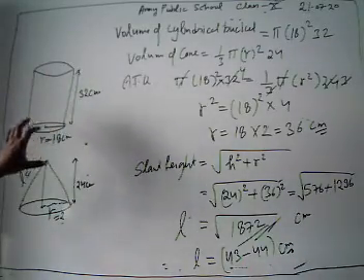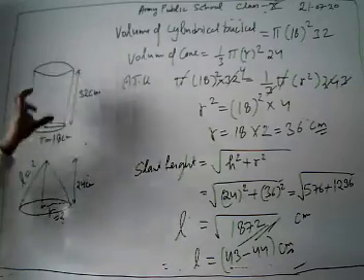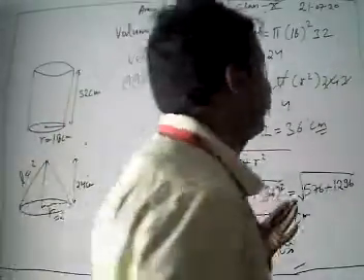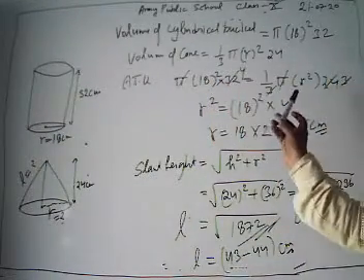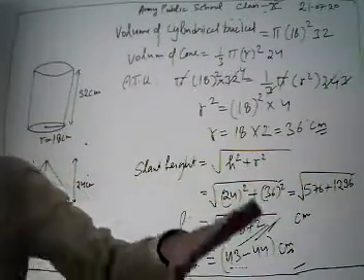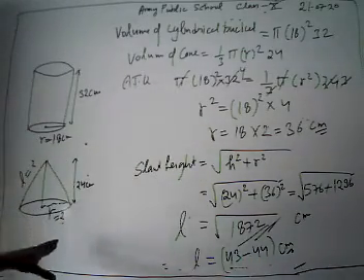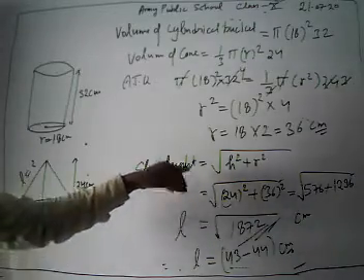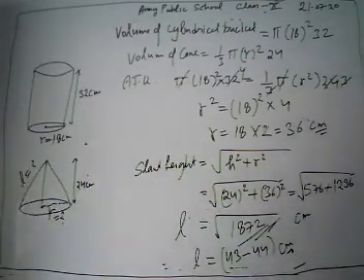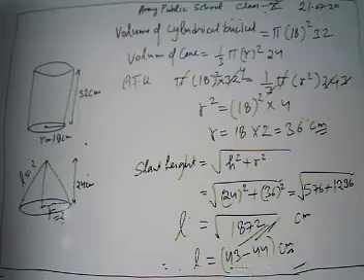In the whole process the volume of the cylindrical portion is unaltered, so it is equal to the volume of the cone. Equating them, we get the radius of the cone as 36 centimeter. The slant height is given by the square root of h square plus r square, which is 24 square plus 36 square. 24 square is 576 and 36 square is 1296. Then l is the square root of 1872. This is our required answer.